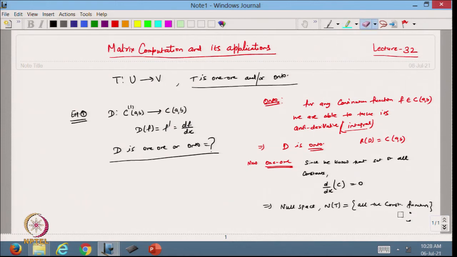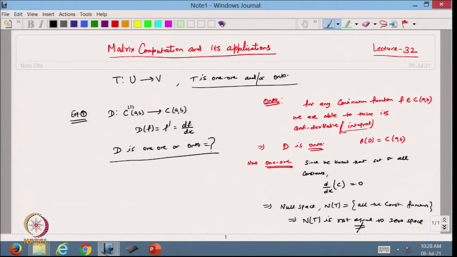So in this case I can say that my null space is not equal to the 0 space.